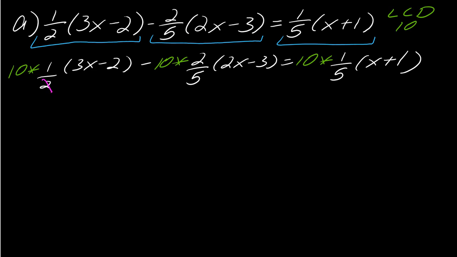So 2 goes into 10 how many times? It goes in 5 times, so this is what I have to multiply together. The 5 times the 1 is going to be 5, and I leave just the parentheses alone for right now.